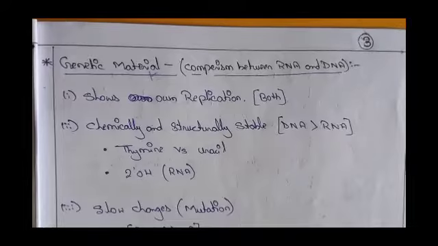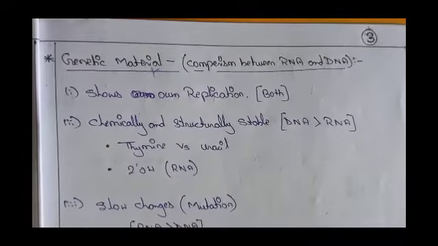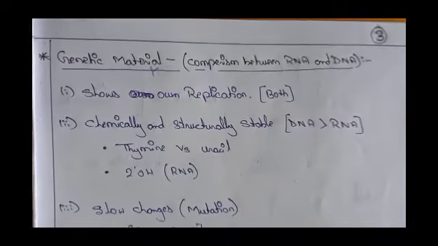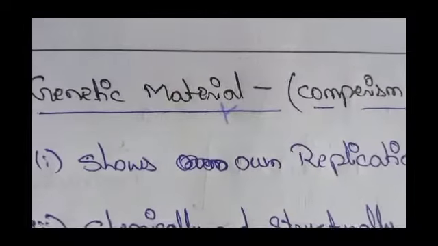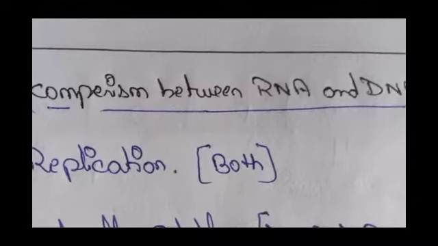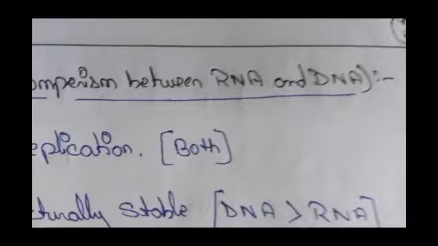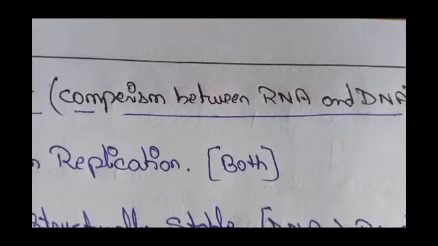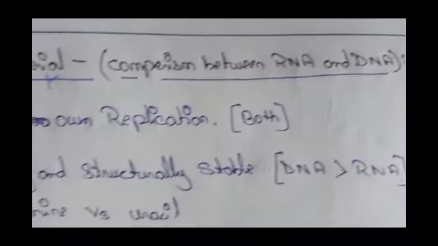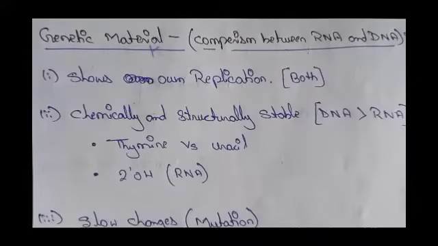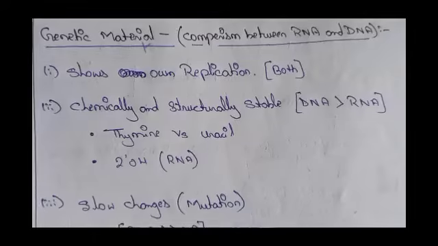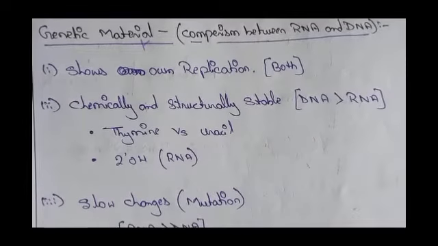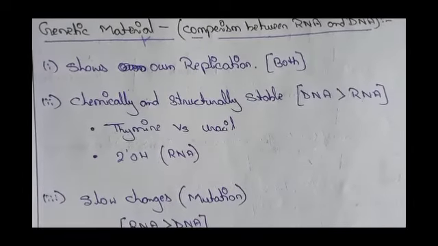Okay, so our next topic is genetic material. We can compare RNA and DNA, that is, ribonucleic acid and deoxyribonucleic acid. So what properties are present in a true genetic material?